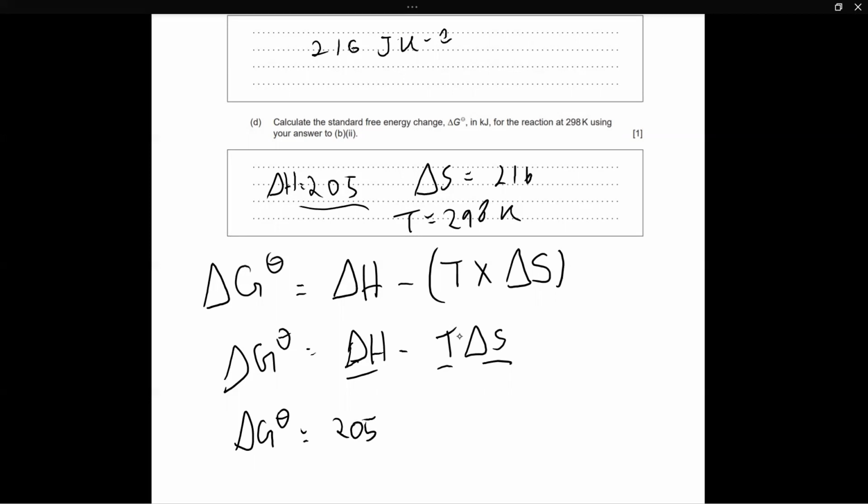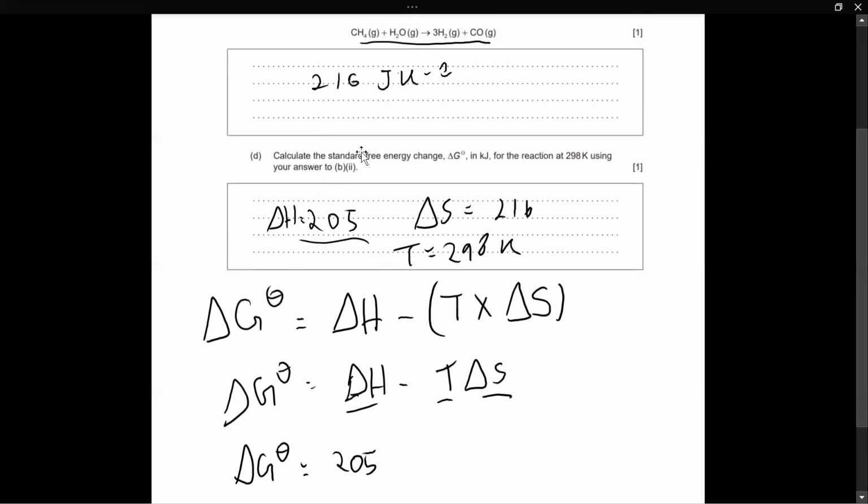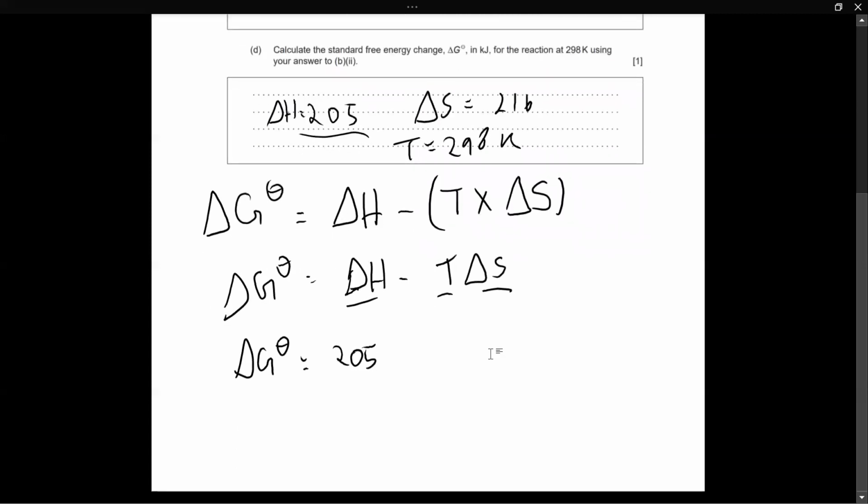And if you're wondering how I got that 205, I calculated it behind the scenes, before I started to make this video. It's actually asked in another question. We're required to calculate the enthalpy in another question. That's why they've asked us to use the answer in B2, but to avoid the length, I have just calculated it for you and I'm using it now in the video because in this video I'm going to focus on how to calculate Gibbs free energy.